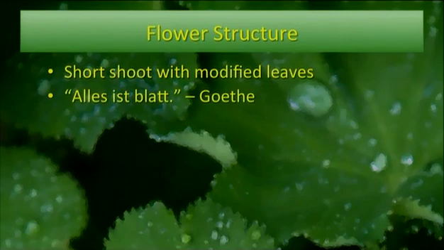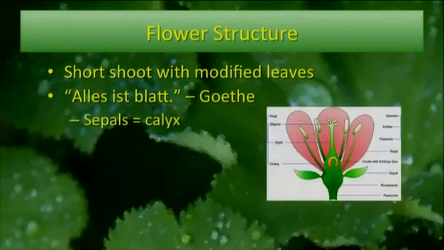And Goethe, the famous 19th century German romantic philosopher, poet, and scientist, said, "Alles ist Blatt." That means it's all leaf. So all the parts of the flower, which will come up next, are all made of modified leaves. It's a short shoot with modified leaves.